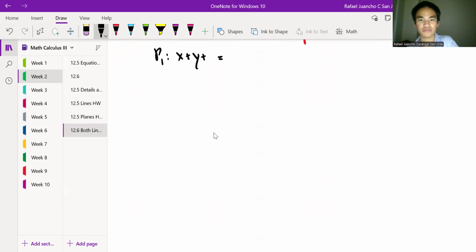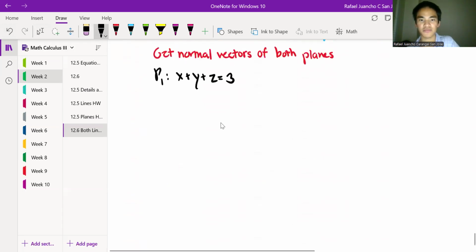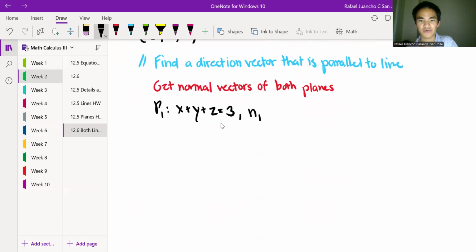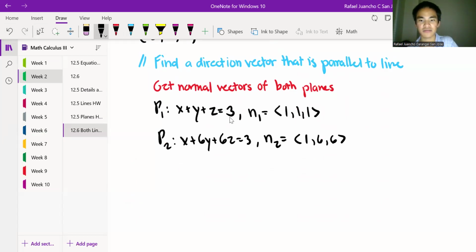We have N1, which is (1, 1, 1). Plane 2, which is the other one, x plus 6y plus 6z is 3. We have N2 of (1, 6, 6). Now we want to do the cross product to get the direction vector.